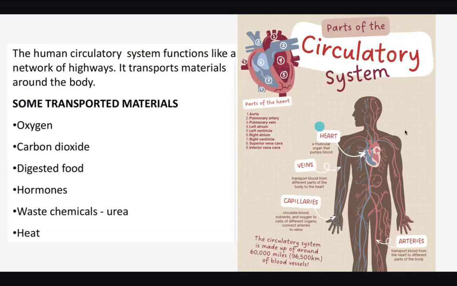Okay, so basically these are all located in our different tissues because the circulatory system is further classified into three major circulations. So you have the pulmonary circulation, which would deliver the oxygen-poor blood from the different tissues to our lungs so that it will be exchanged with oxygen.